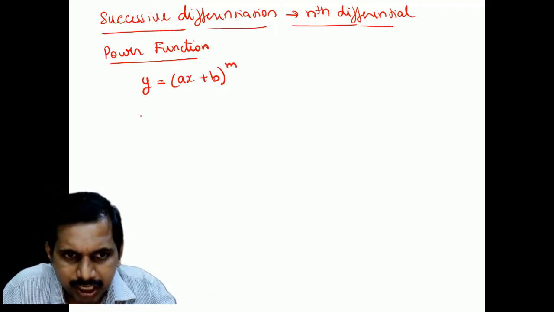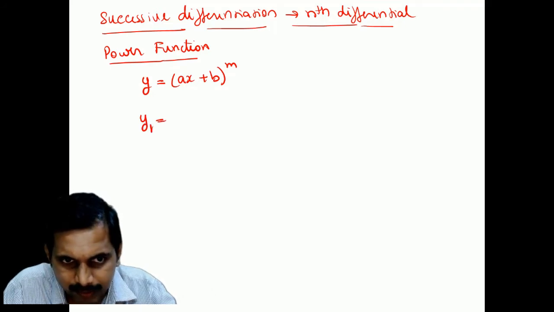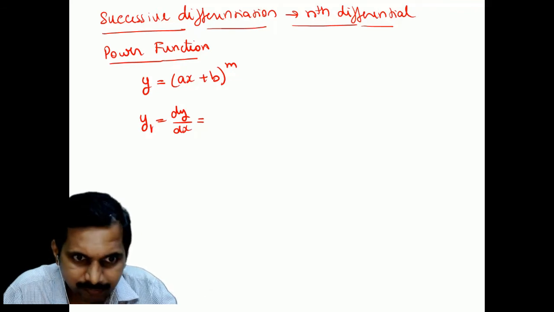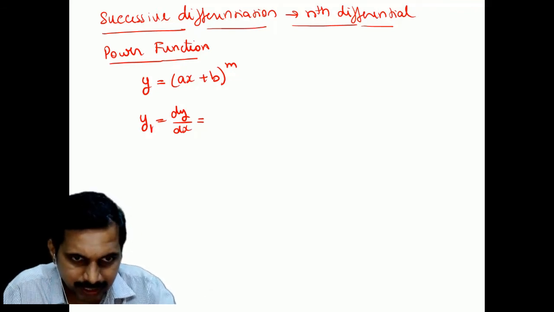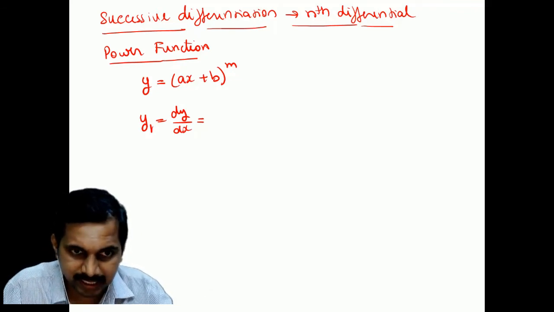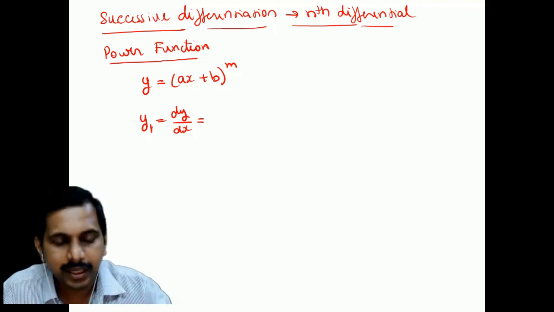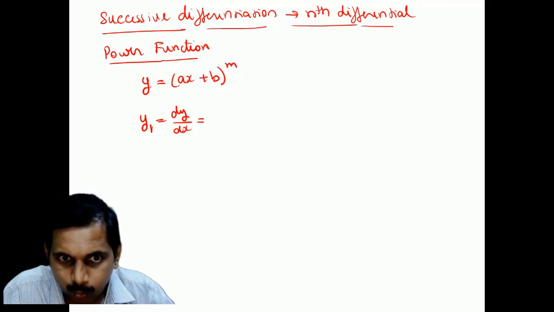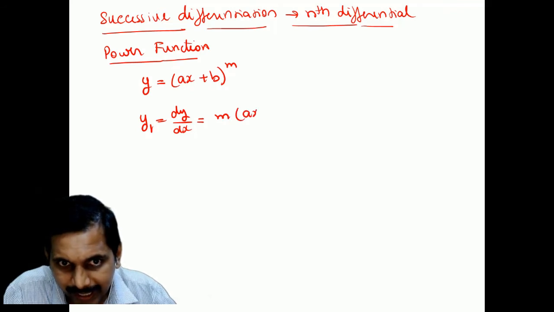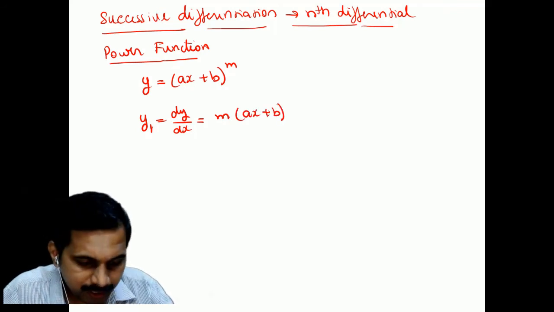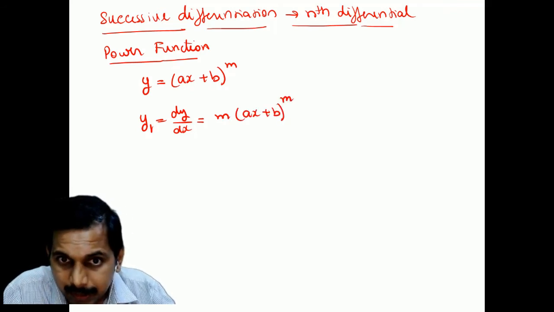Now if I differentiate once, y1 is equal to dy by dx. I am putting 1 here, students, to say that it is one differentiation. Don't think it is another function; it means differentiation. It is m into ax plus b raised to m minus 1 into a.